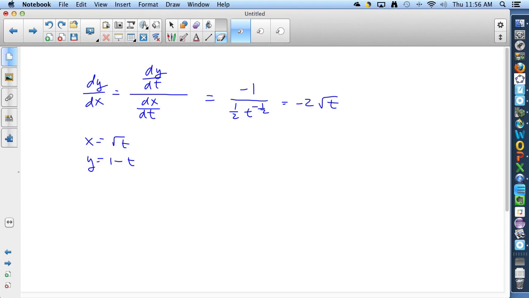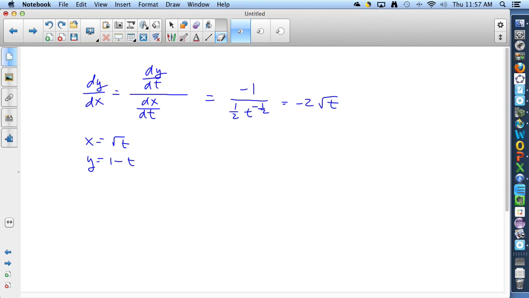Now, I want to point out something. This derivative is in terms of t. And if you're in a parametric situation, that makes sense. It should depend on t. x and y depend on t, so the derivative of y with respect to x should depend on t. But if it makes you feel better, what's root t equal to? x.